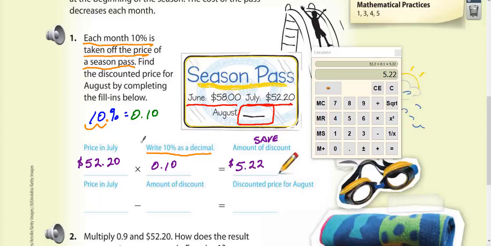I hope you're making all these notes in your book. They're going to be great for when you need to go back later and study for the test at the end of this chapter. So the discount is how much you save.